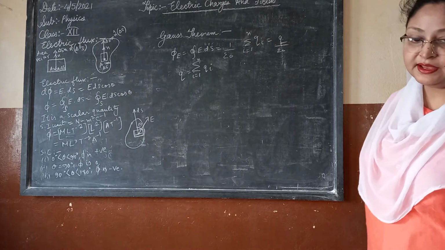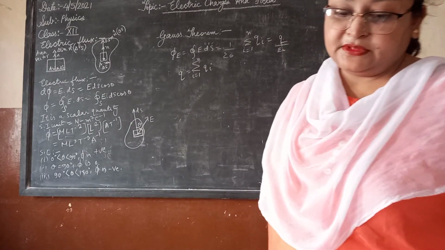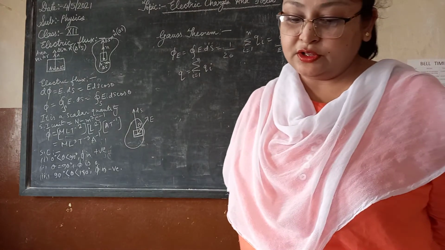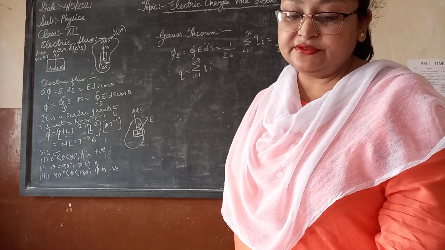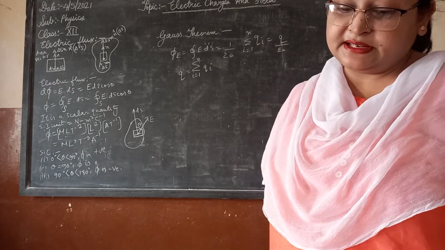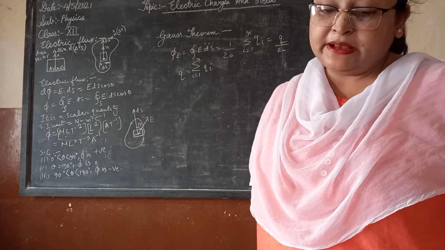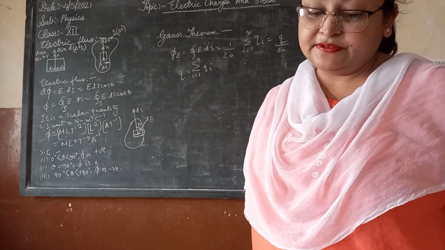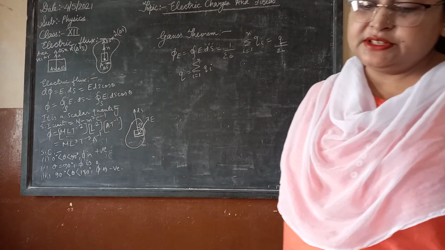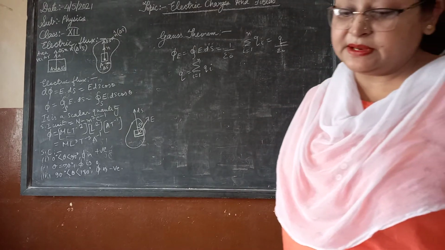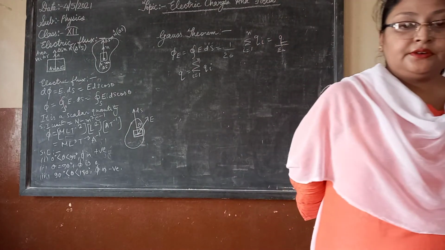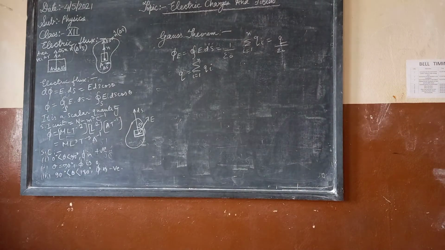Okay, so this is the algebraic sum of all the charges inside the closed surface. Hence the total electric flux over a closed surface in a vacuum is 1 upon epsilon 0 times the total charge within the surface, regardless of how the charges may be distributed. Now this is what we are telling about the Gauss theorem.